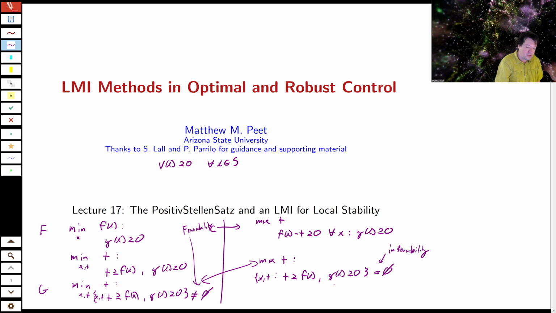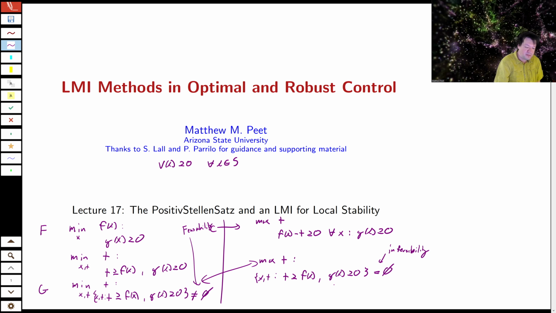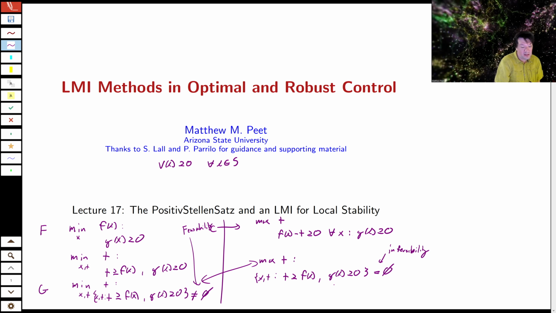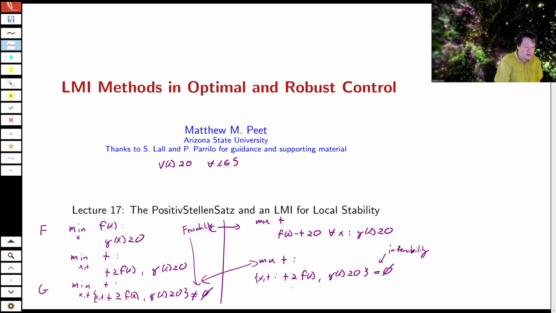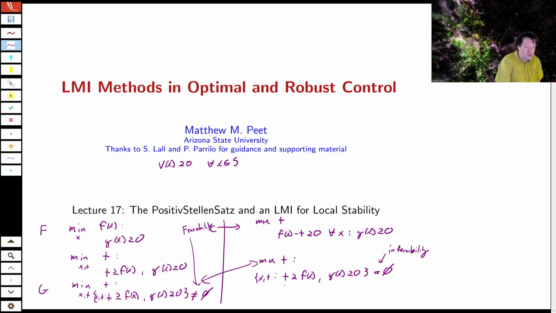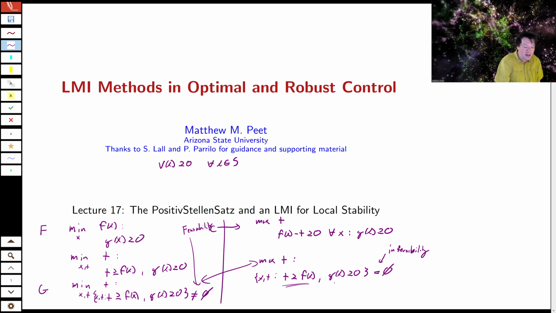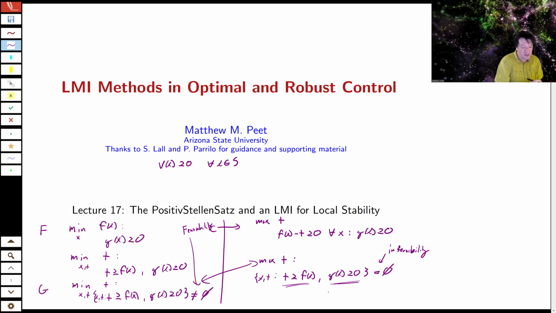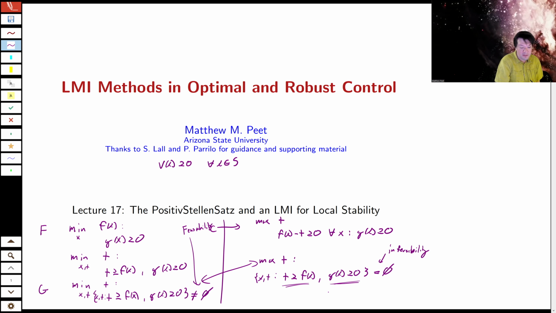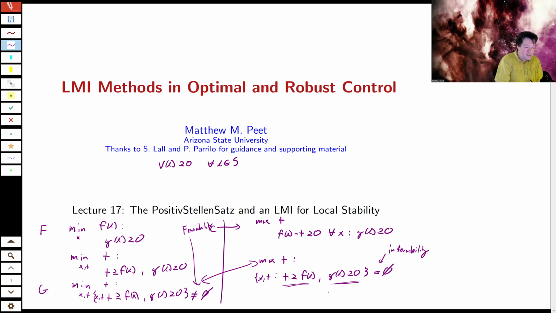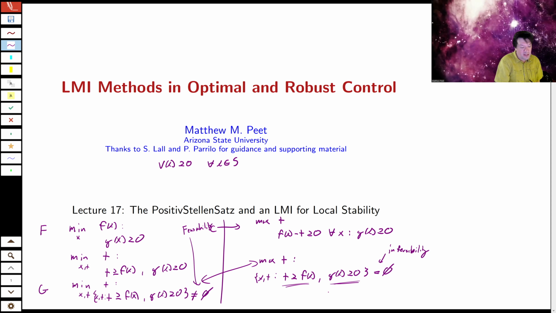And so we argued that one way to do that is to come up with sum of squares or rational squares or something like that. But that was, of course, only on the function, and now we have two inequalities here. So we have to prove infeasibility of a set with two inequalities. And, well, is that harder or is that easier?